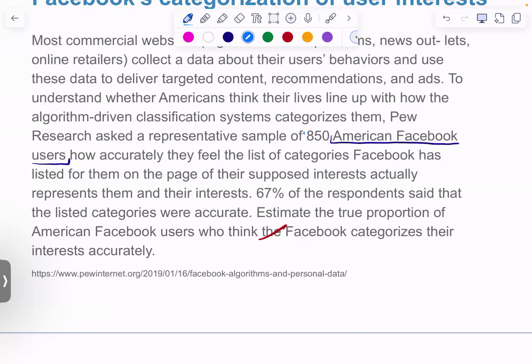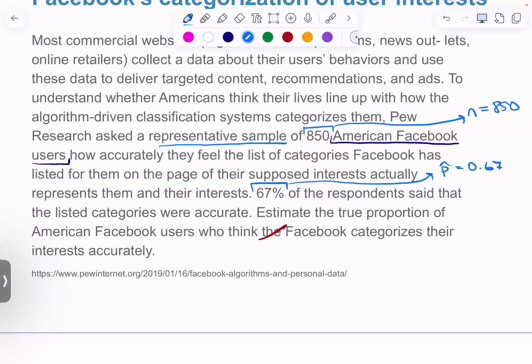We are told that we have a representative sample of 850 American Facebook users, making n 850. 67% of those 850 tells me that p hat is 0.67.